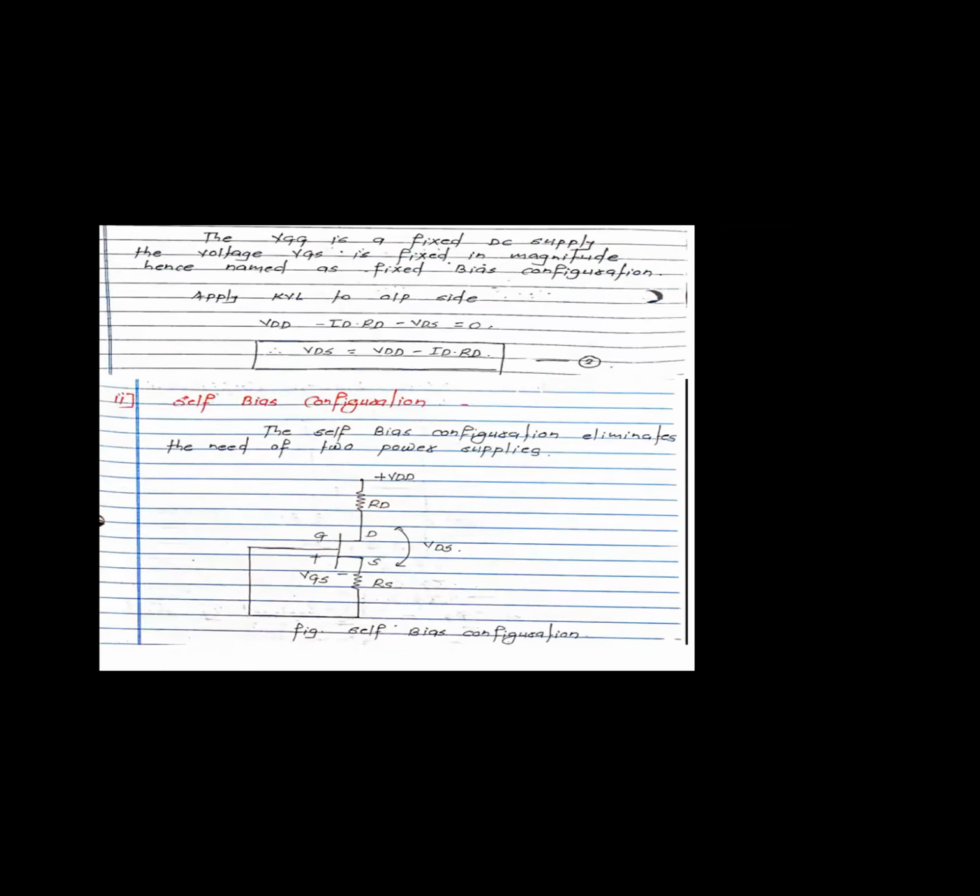This is the equation related to the two configurations, that is self bias, and earlier we have seen the fixed bias. Now we will see the voltage divider biasing. See, one minute.